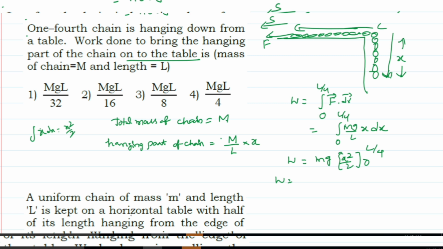W equals mg by 2, L square by 16 minus 0, which is nothing but mgL by 32. So mgL by 32 is the correct answer.